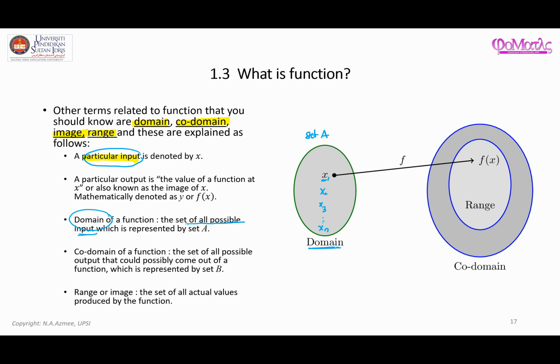Okay, next, a particular output. When you talk about a particular output, you're talking about one specific output, which is the value of a function at x. For example here, this is x1, I'm changing it to notation x1. This x1 is being mapped onto this value, so I'm going to label this as f(x1) as well. So this particular input is being mapped to this particular output.